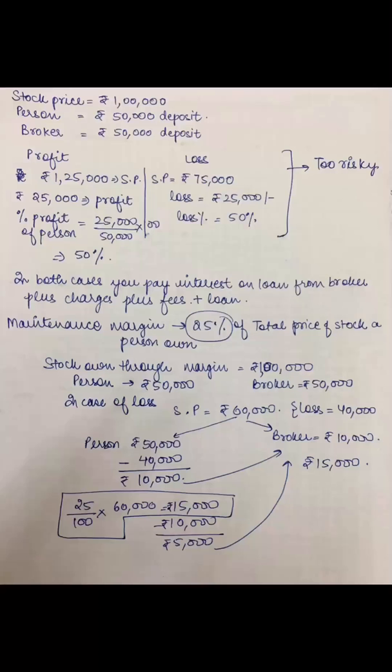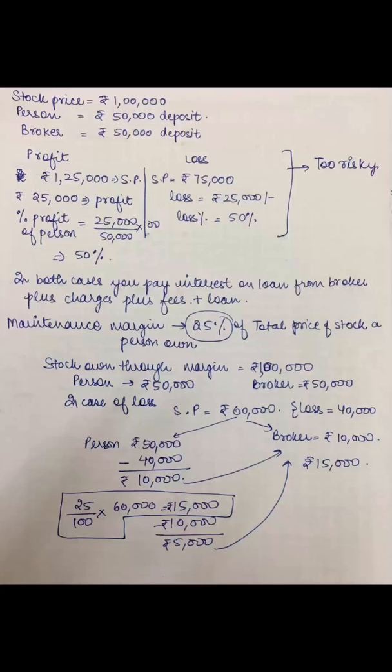But what I have said is that a person can do a margin call only if his bank account has the maintenance margin, that is 25% of the total price of the stock. So the total price of the stock in the second case came to be 60,000. So 25% of 60,000 is equal to rupees 15,000, but he has only 10,000, because after deduction of rupees 40,000 from 50,000, he is left with only 10,000.